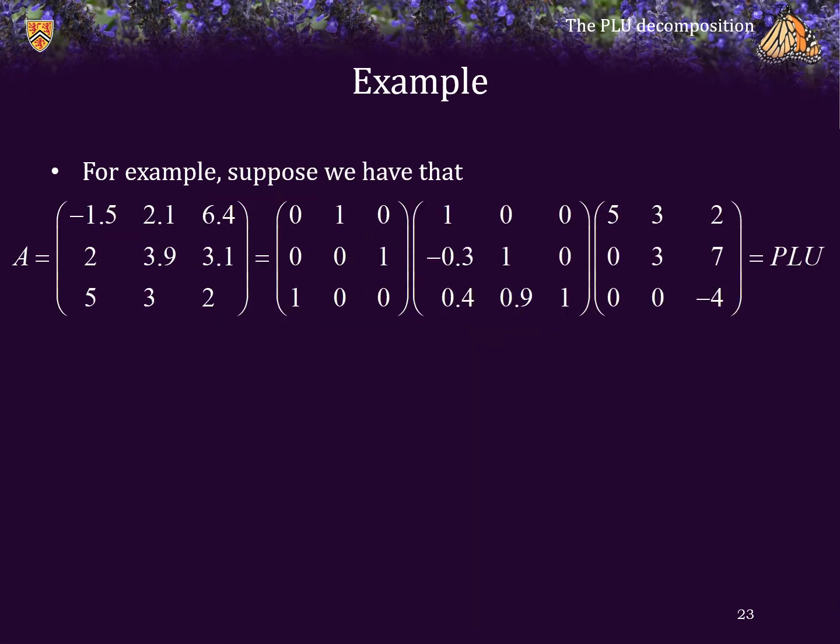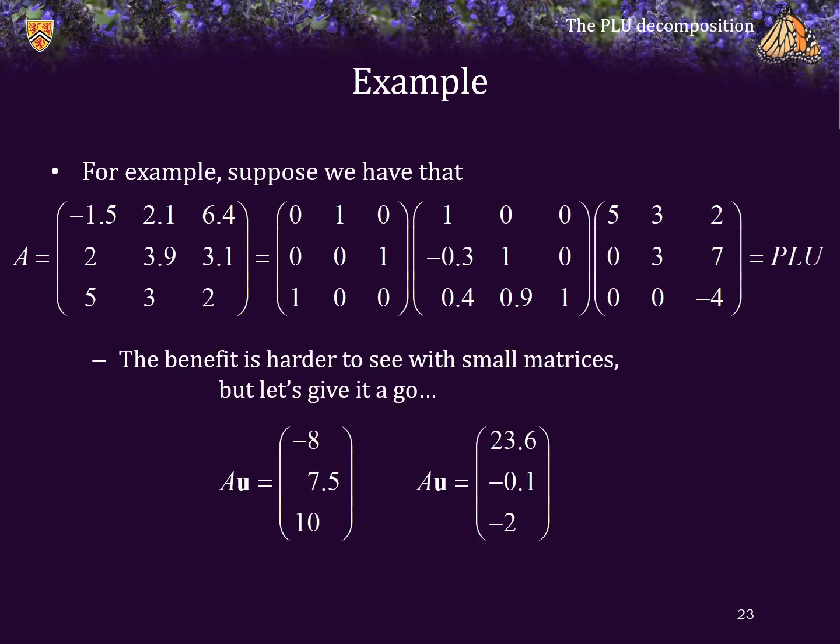For example, suppose we have this matrix A here, and here is its PLU decomposition. You can multiply out those three matrices and you will see that yes, indeed, the product of those three matrices does equal that matrix A. Now, with smaller matrices, it's harder to see the benefit, but you'll probably remember that the process of Gaussian elimination and backward substitution is itself somewhat tedious.